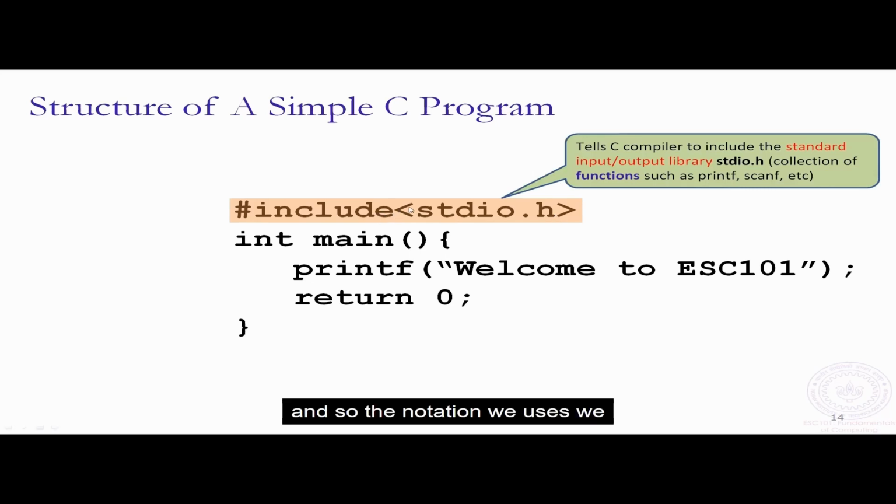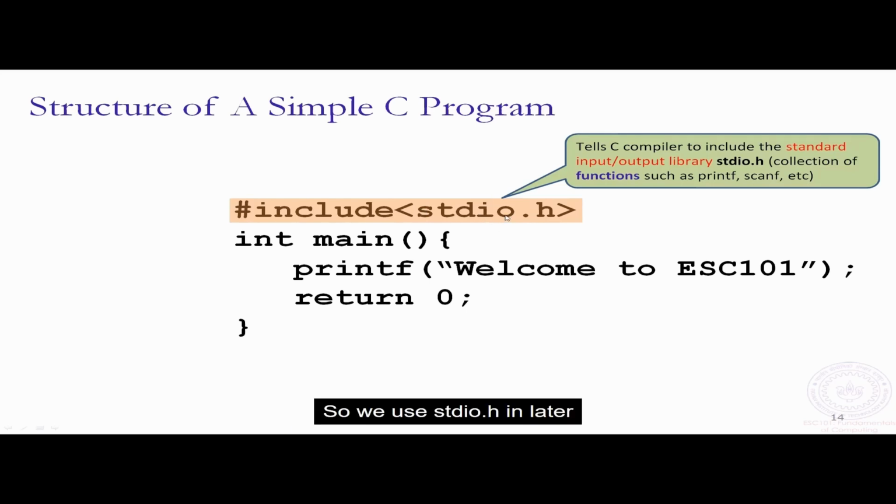And so the notation we use is we have this angle bracket, open, close, and inside the angle bracket with no spaces anywhere, you put in the name of the header file that you are including. Now, we just want to print something. So we just need this particular header file. stdio stands for standard input output.